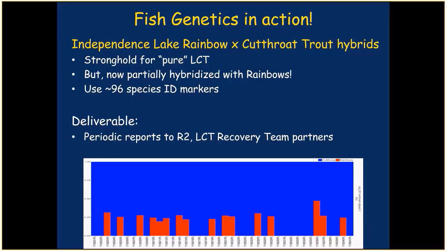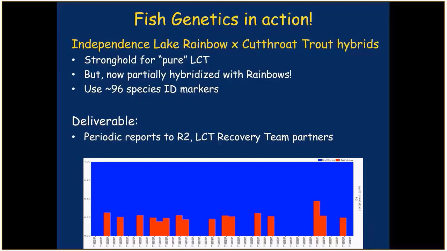The thing with hybrids is, once they're formed, the cat's out of the bag, so to speak. So what we've been doing is trying to monitor and get an idea of how serious the problem is. How many hybrids are we seeing? They've recently started trapping fish in the lake that are trying to ascend the main water source for Independence Lake to go up and spawn.